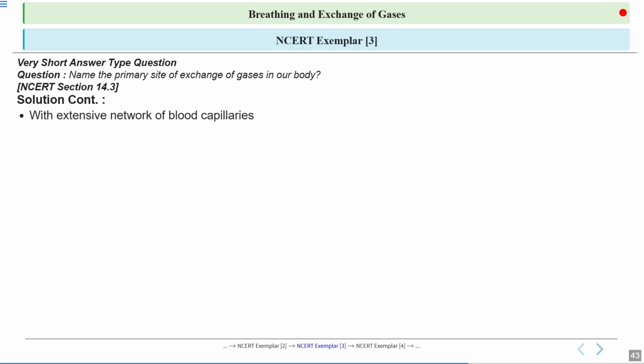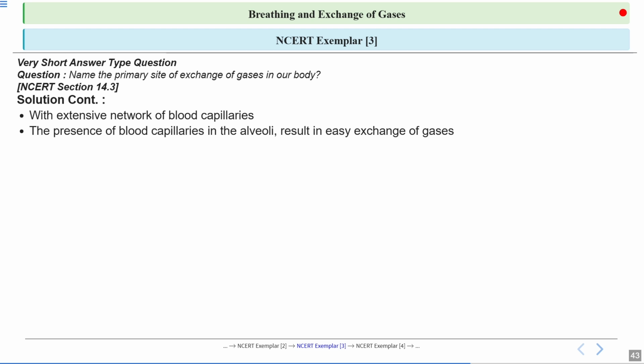Now, an extensive network of blood capillaries, yes, a very extensive network of blood capillaries is there. So, the presence of blood capillaries in the alveoli results in easy exchange of gases. Yes, they are helping in a very, very easy exchange of gases, right?